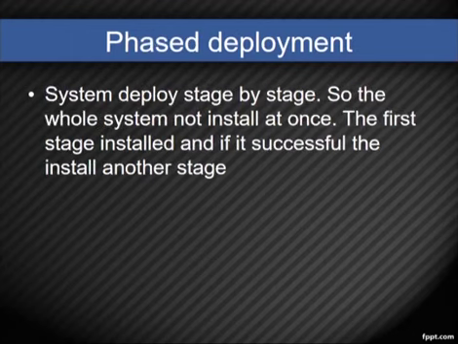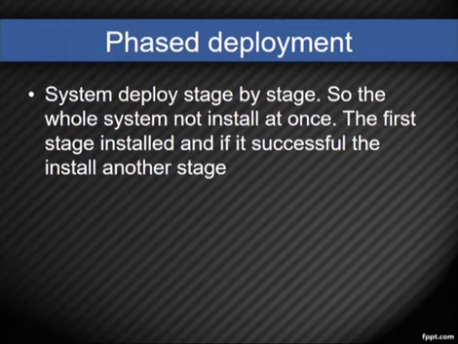Phase deployment. Phase is like phase by phase, like stages. We can have several versions. We are not developing the whole system at once, or installing the whole system at once. What we do is install one of the versions and check whether it is working or not.